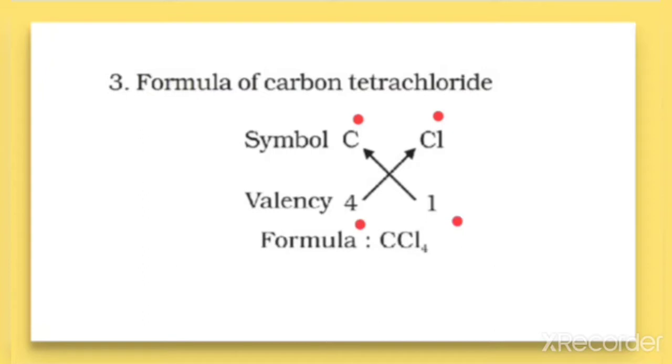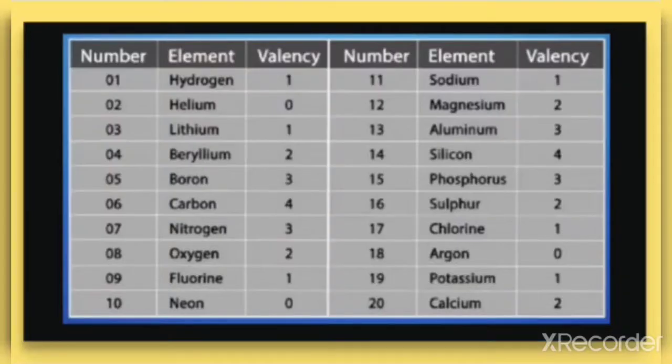That can also be seen in the table. Here you can see the valency of carbon is 4 and the valency of chlorine is 1. On the basis of this table, we can make the formula for carbon tetrachloride.